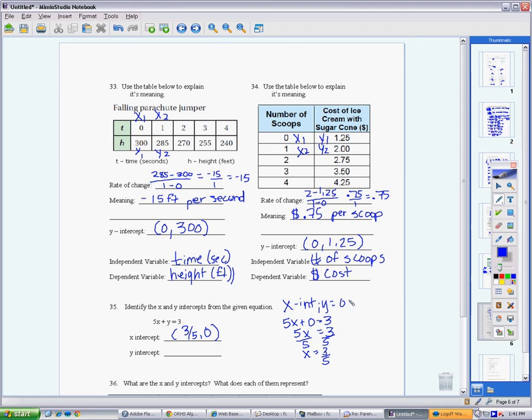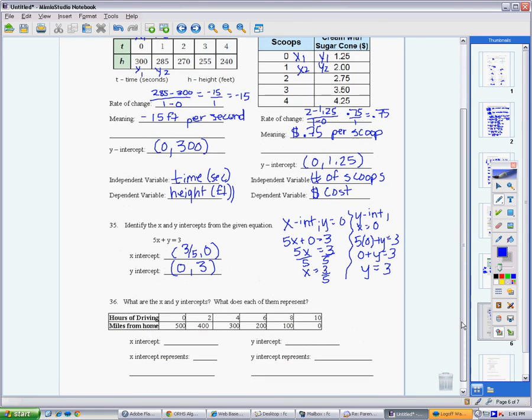Then I have my y-intercept. With my y-intercept, my x is equal to 0. So I get 5 times 0 plus y equals 3. 0 plus y equals 3, which gives me y equal to 3. And my y-intercept is at 0, 3. Those are points of intersection.